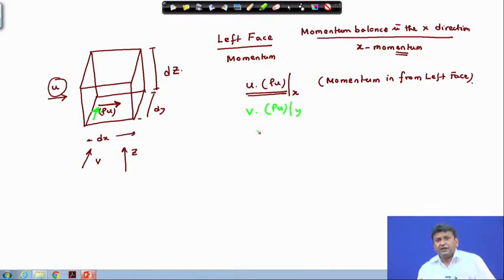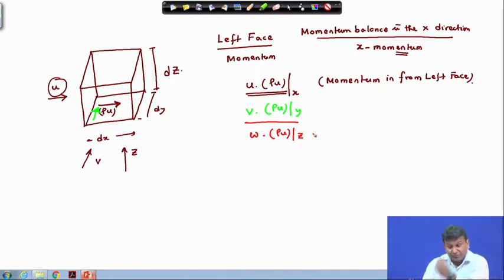In fact, if you look very carefully in the handout, I will make all these details. We typically consider the rho u to be at the center of the control volume, and you consider the individual u, v and w's at the respective faces, right. Similarly, you have a third component of momentum which is entering through the bottom face and which is going to be w into rho u evaluated at z.